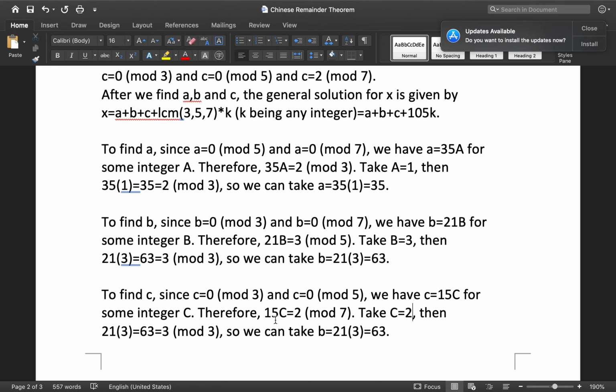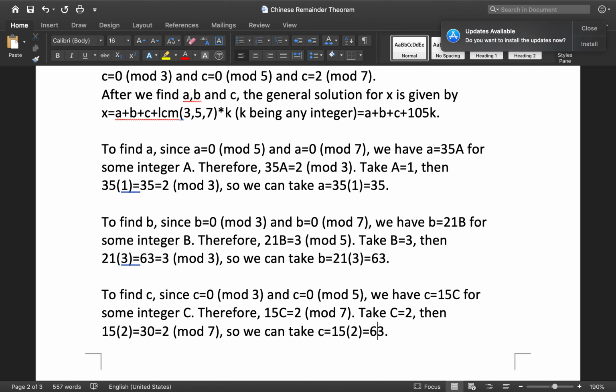You just compute that directly. And 30 is congruent to 2 modulo 7, because 30 minus 2 is 28. So that's why they're congruent. And we have c, this time we have 15 times 2, and that is 30.